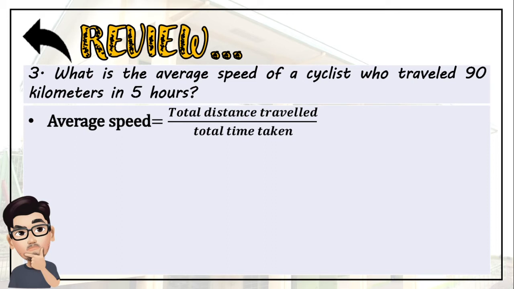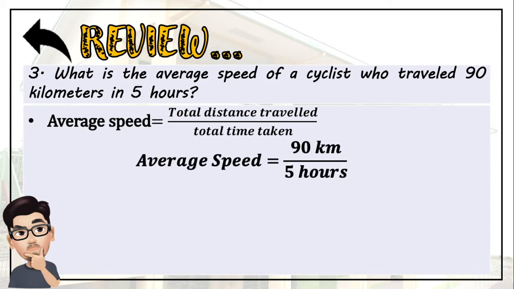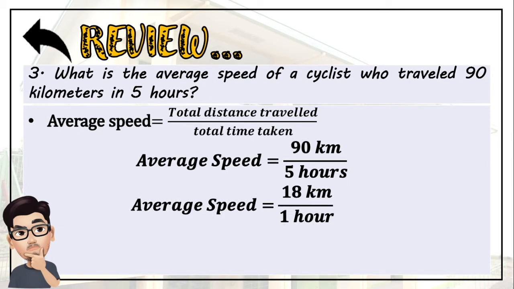So from here, we will place the values from the word problem. 90 kilometers is considered as the distance traveled and the total time taken is 5 hours. Now let's divide them. 90 divided by 5 is equal to 18, and you will ask me why there is 1 below.